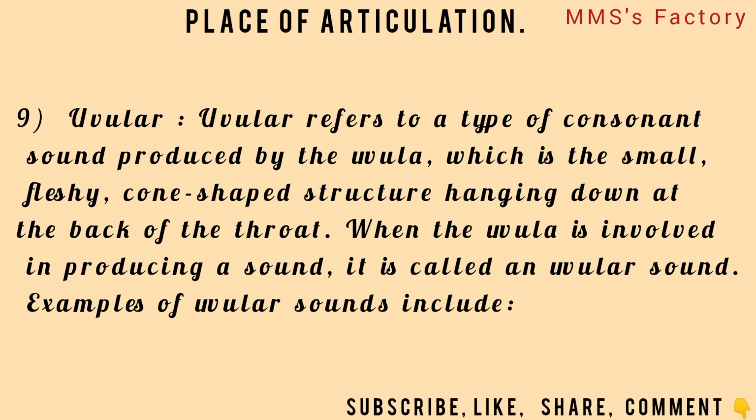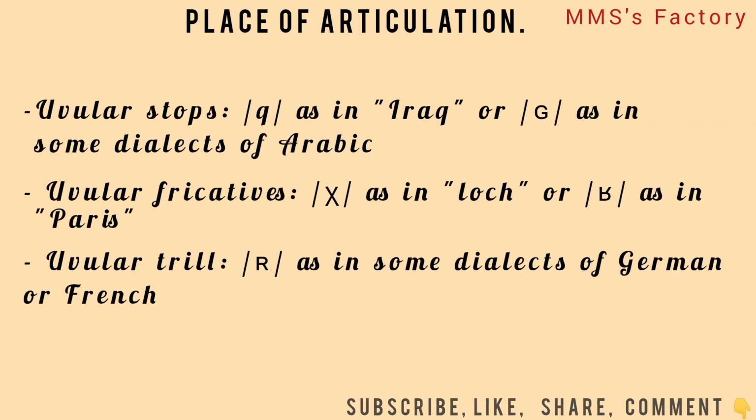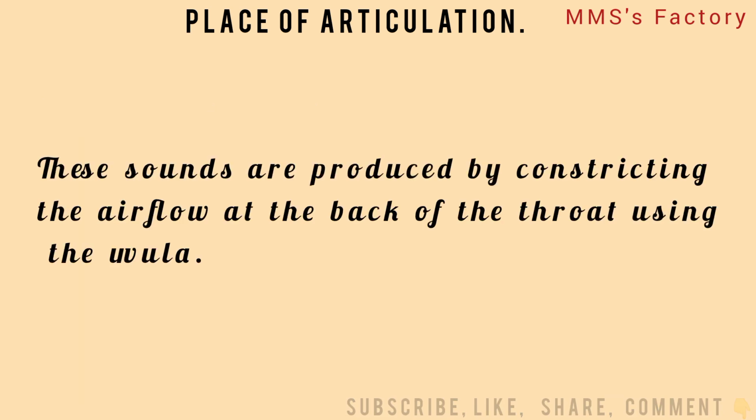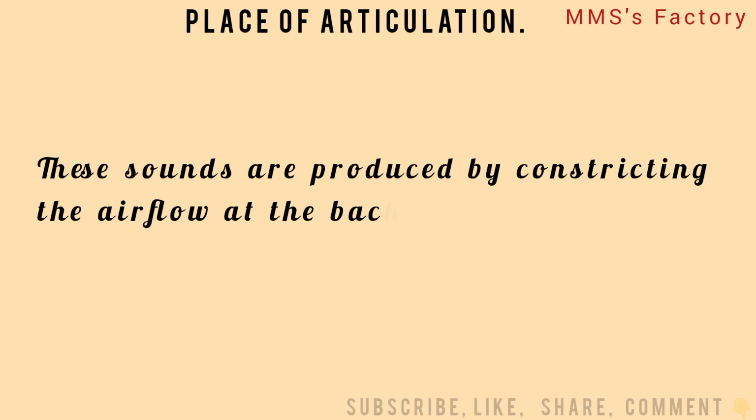Examples of uvular sounds include uvular stops, q as in Iraq, or as in some dialects of Arabic. Uvular fricatives, as in lock, or as in Paris. Uvular trill, as in some dialects of German or French. These sounds are produced by constricting the airflow at the back of the throat using the uvula.